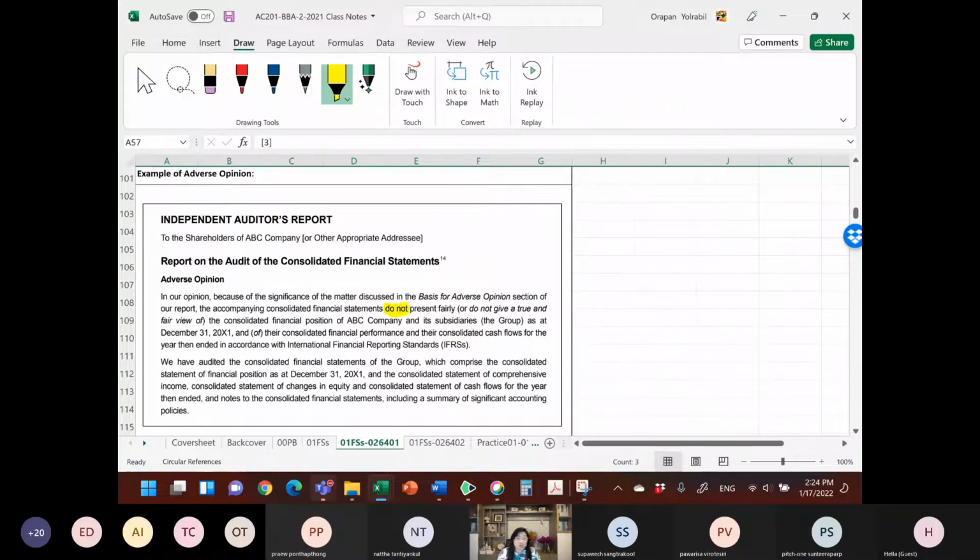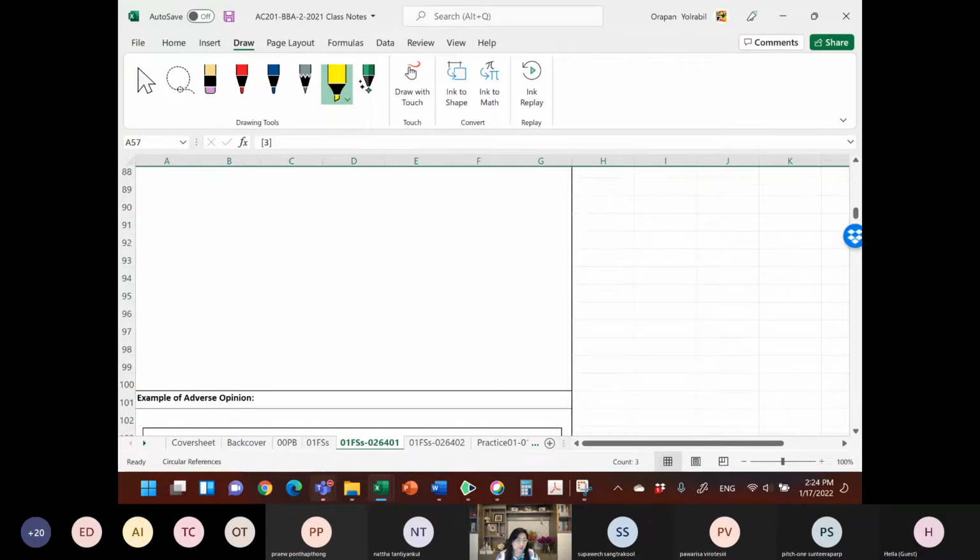They would just say that the financial statements do not present fairly. I mean, the whole pack, the whole thing, does not present fairly in all material aspects the financial position, financial performance, and also the cash flow of the company. So this is the example of adverse opinion.